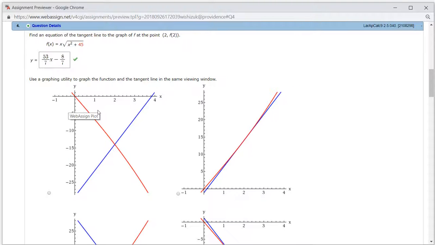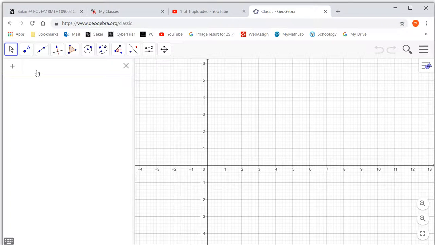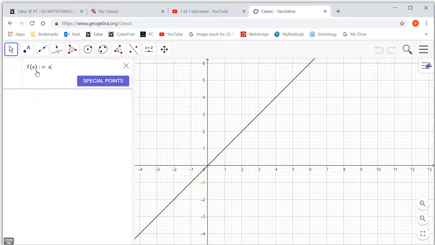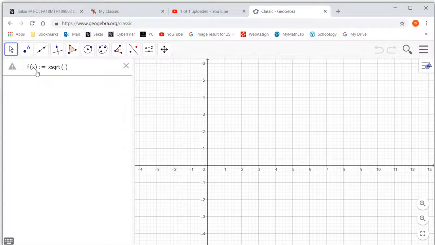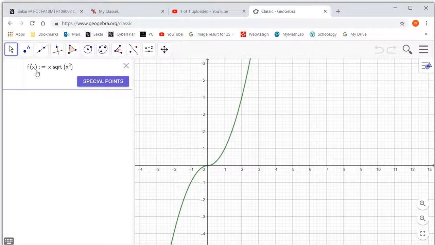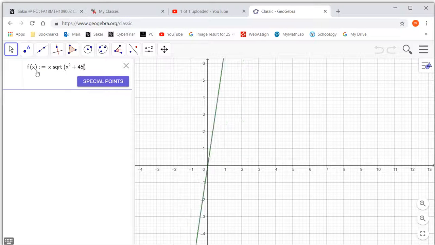Now let's use GeoGebra to sketch their graphs. We have GeoGebra here, so I'm just going to type in the function. f of x is equal to x times the square root of x squared plus 45.